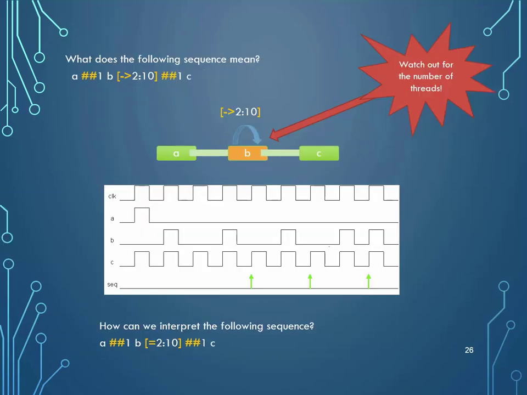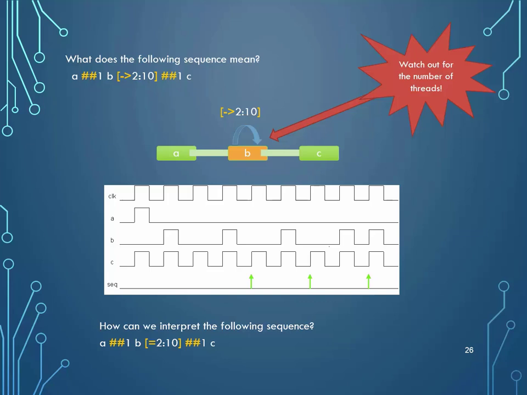Here we have another example. Here we're looking for the sequence, and we have these Boolean expressions that are A and C, and we are looking for a loop here. It will go from 2 to 10 times. It will repeat and repeat, not consecutively, and we are expecting that to happen. We just need to be careful with the number of threads, and here we see it.